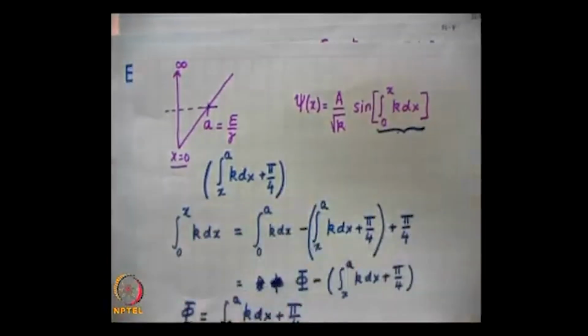So, if you use the JWKB connection formulae with a little bit of care, then as I showed you through this example, it can give you very good, very accurate results, provided of course in between V of x does not vary very rapidly. So, you have to use this method with care. It is really one of the most powerful methods that is there.